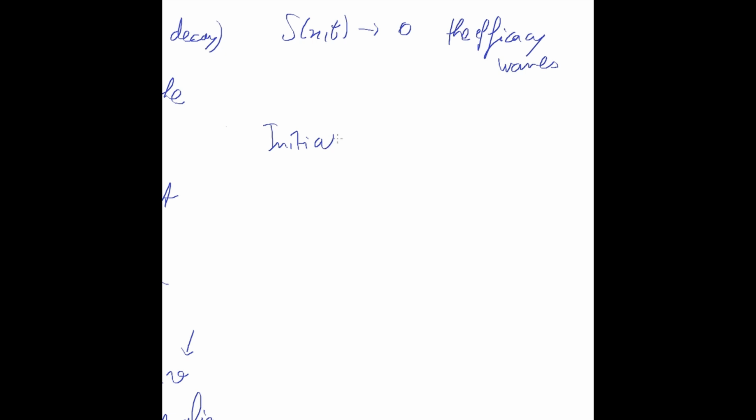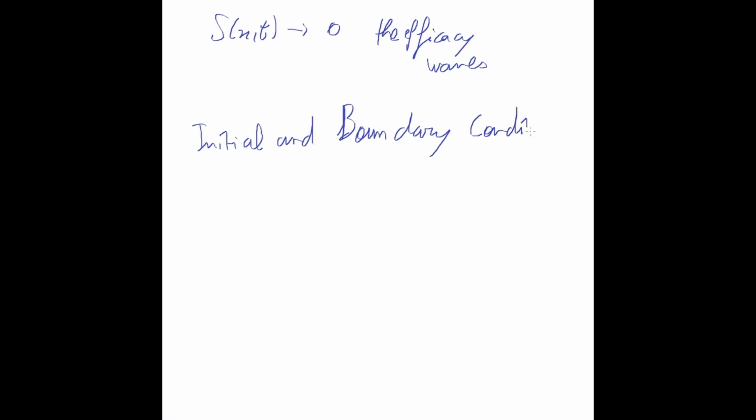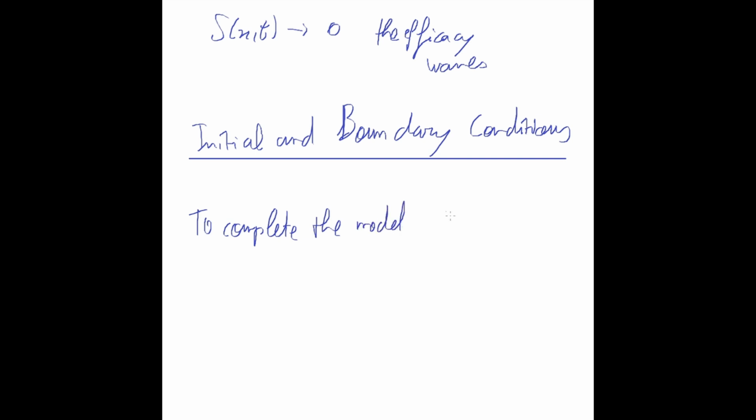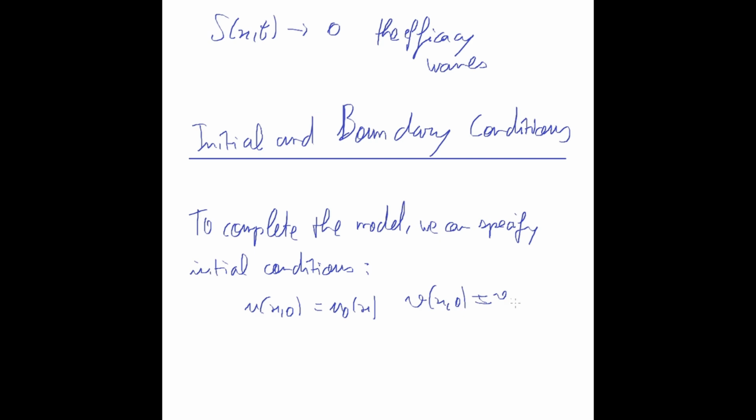Let's talk about the initial and boundary conditions now. To complete the model, we can specify initial conditions: u(x,0) equals u0(x), v(x,0) equals v0(x) for x in Omega.